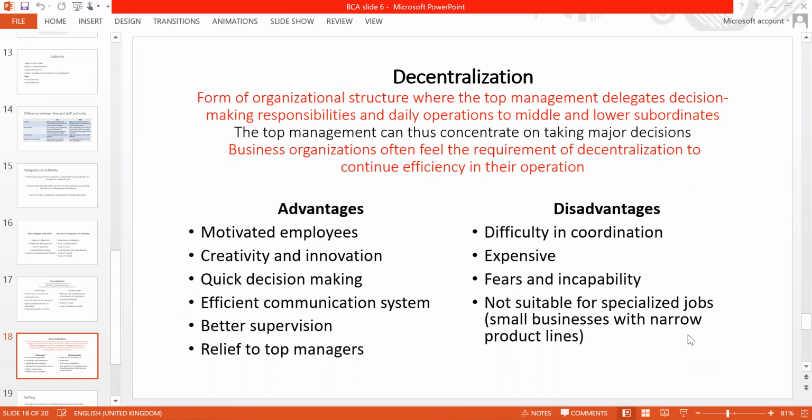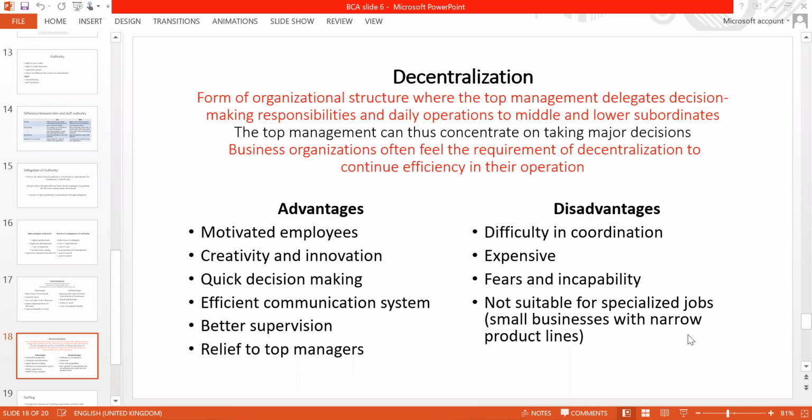If the authority is delegated to the lower level subordinates, then that is called the decentralized structure. The top management can concentrate on taking major decisions. Okay, so the top level will make only those crucial and critical decisions.